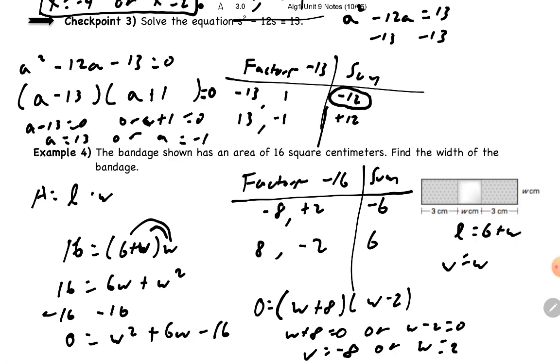You can't have negative 5 inches of string. Can't do that. So w equals negative 8 does not work. So my only answer is w equals 2. My width has to be 2. We can't have negative width. Otherwise the bandage wouldn't exist.